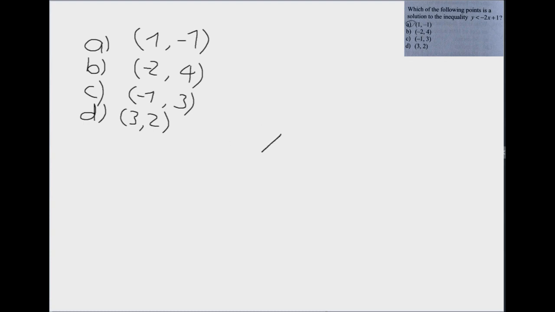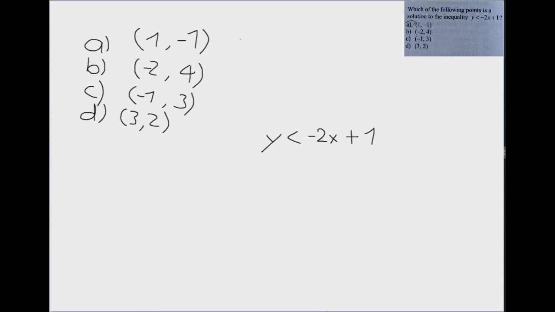So we have the inequality y smaller than -2x plus 1. So here I'm going to visualize, if you try out all the things, I'm going to start from the bottom with D. So it puts the left number here as the y and the right number as the x.